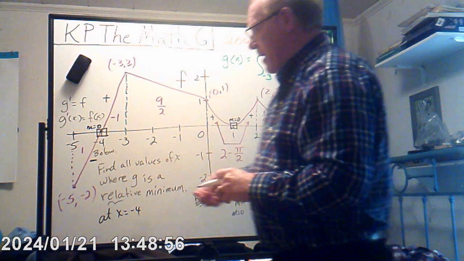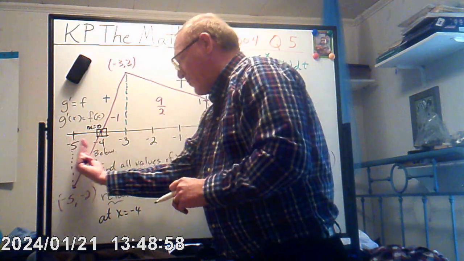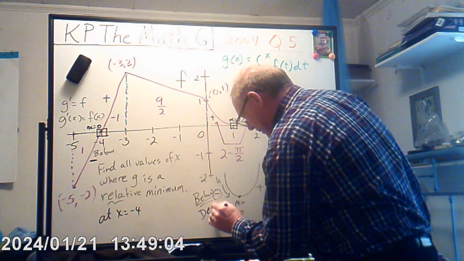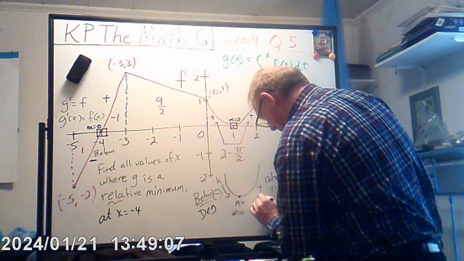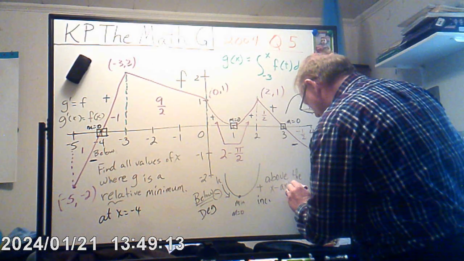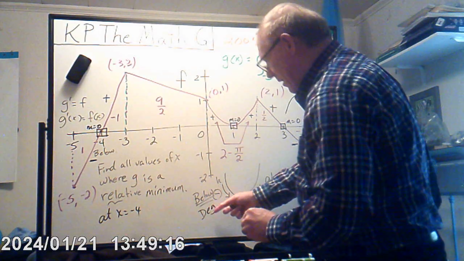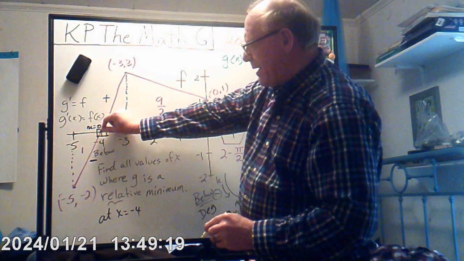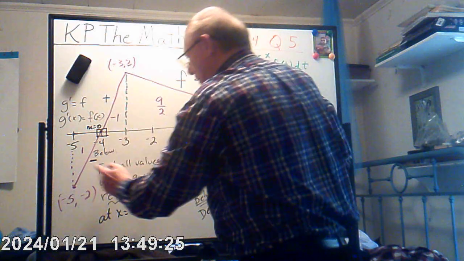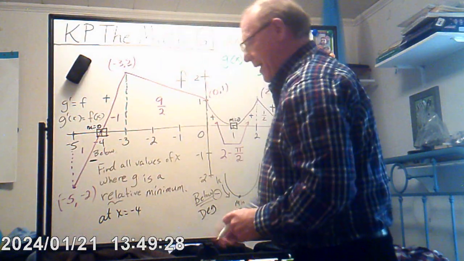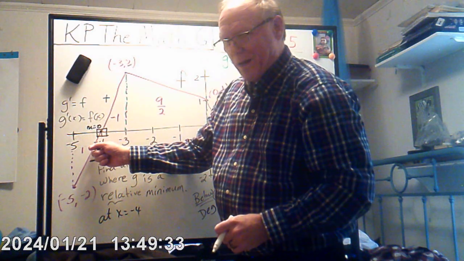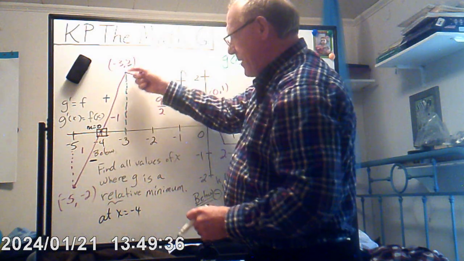A relative minimum is where, if you read it from left to right, the graph is decreasing, the slope is 0, and the graph is increasing. This is below the x-axis, this is right at 0, and this is above the x-axis. The graph from -5 to -4 is decreasing, and then increasing from -4 to 3.